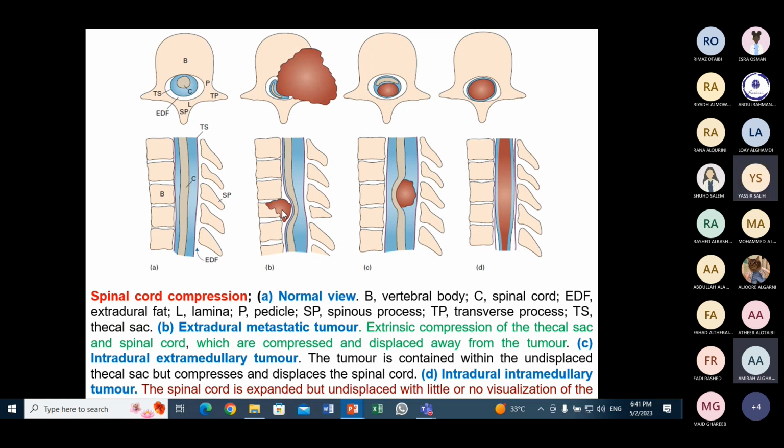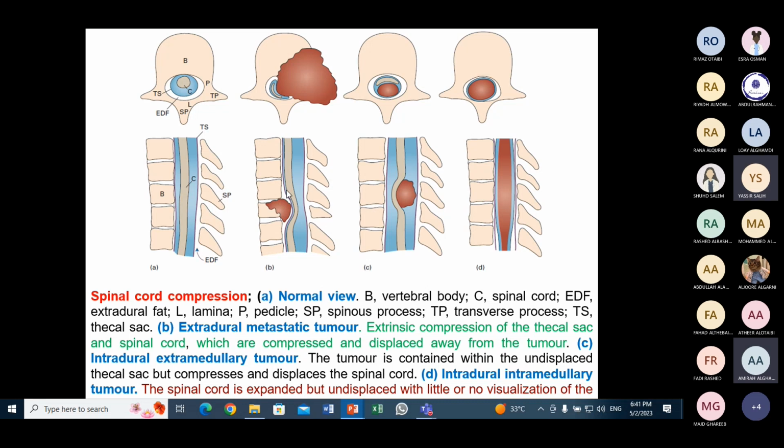If the tumor is seen in the extradural area, an extradural metastatic tumor is causing compression of the thecal sac. Notice the thecal sac, this one in blue, is pushed and compressed, and the spinal cord is also compressed and displaced to the other side. This means we know this is an extradural tumor.